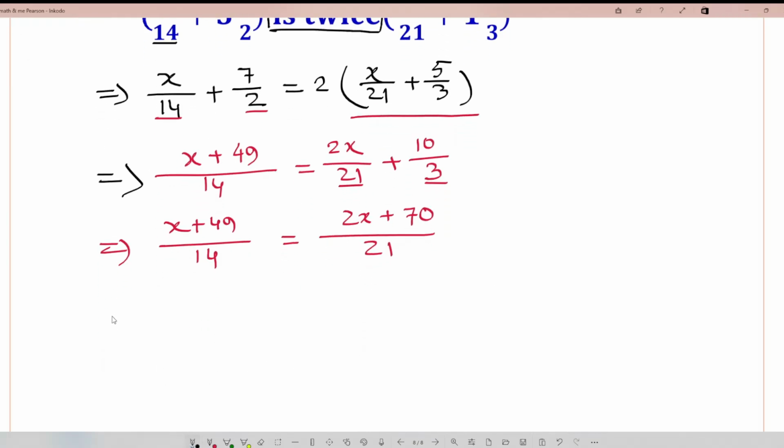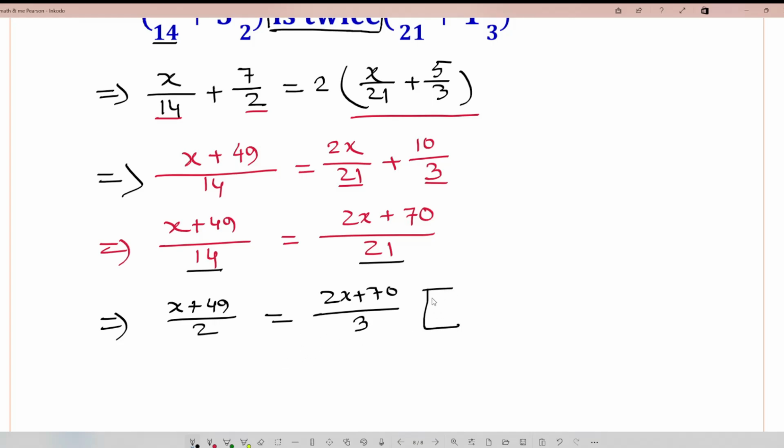Then we can divide both sides by 7 because 14 and 21 are both divisible by 7. So we can write x plus 49 divided by 2 equals 2x plus 70 divided by 3, since 21 divided by 7 is 3.